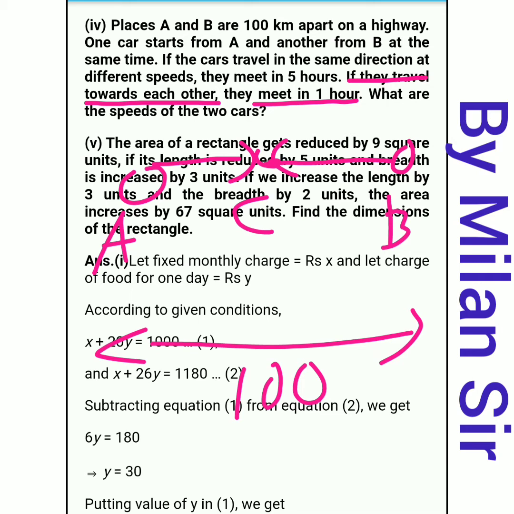Both car A and B travel towards each other, and they meet in 1 hour. Let's assume that at point C, after 1 hour, both cars meet.